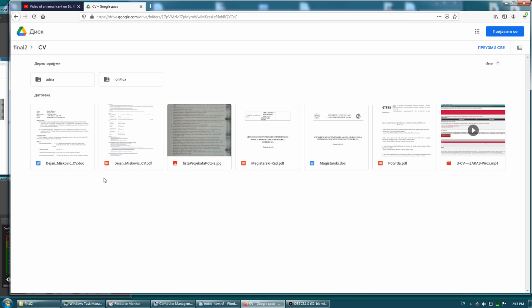These are just two versions. It's the same. One is document and the other is PDF. This is my detailed CV. This is my MSc master thesis, and again two versions, document and PDF, and this is confirmation from that scientific society where I published papers, called ETRAN.